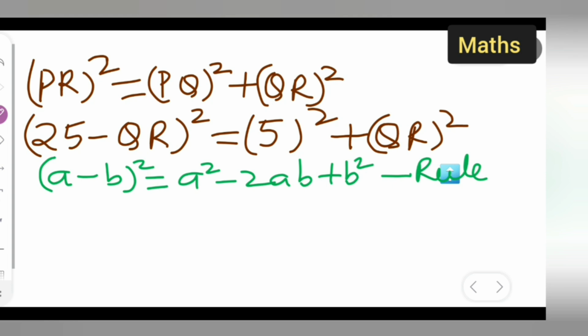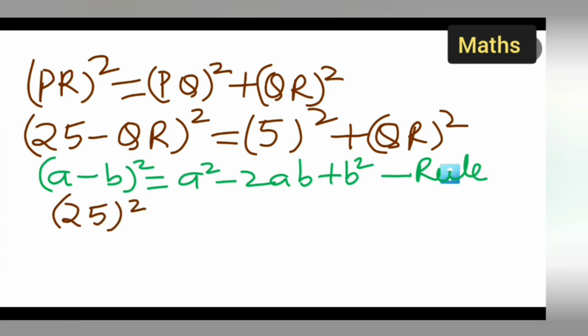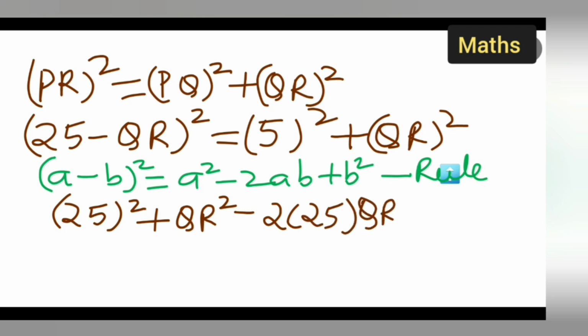So write down 25 square plus QR the whole square minus 2 into 25 into QR, is equal to 25 plus QR the whole square.